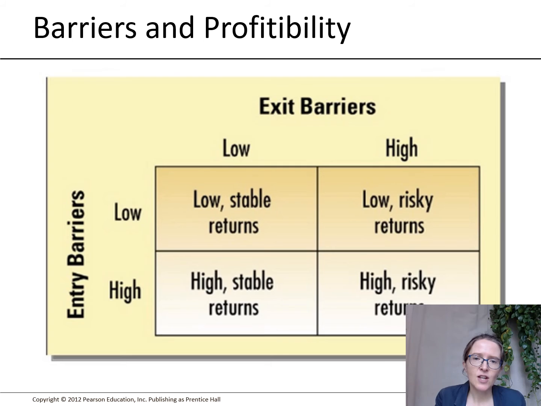And then, of course, in terms of barriers and profitability, what do we need to be aware of? Well, there are always going to be barriers in terms of entry into the market and exit from the market. In this matrix we've got 4 different quadrants, and we can measure from low to high for both of those 2 variables, entry and exit. If it's a low exit and a low entry barrier, that equals low and stable returns.